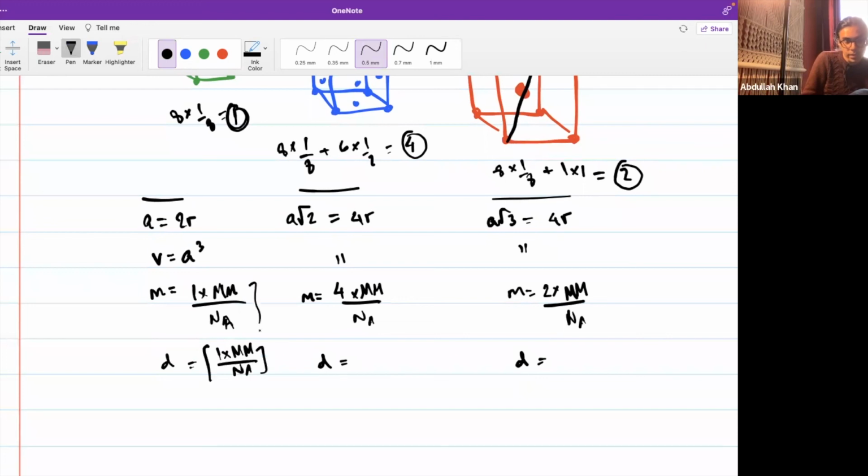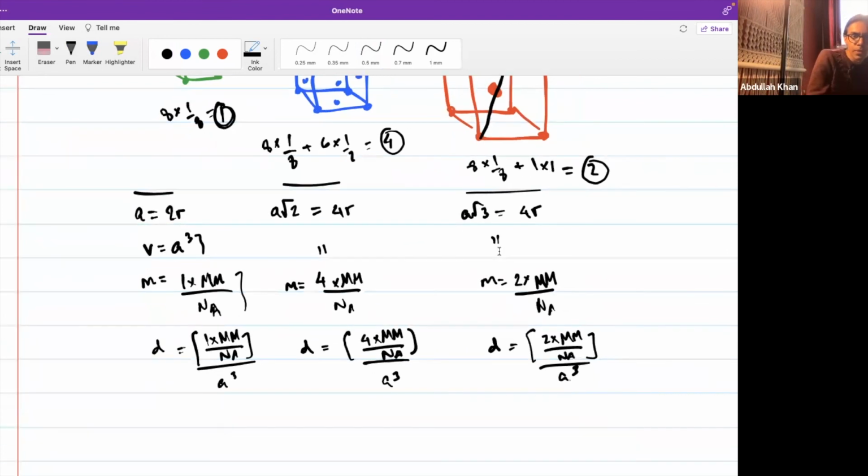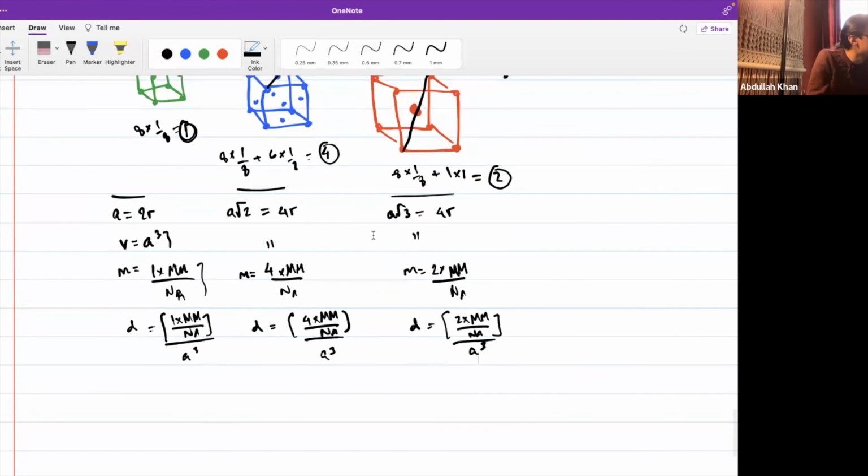Volume is A cubed. And I think that's all you need to know from the lattice stuff all the way at the end.